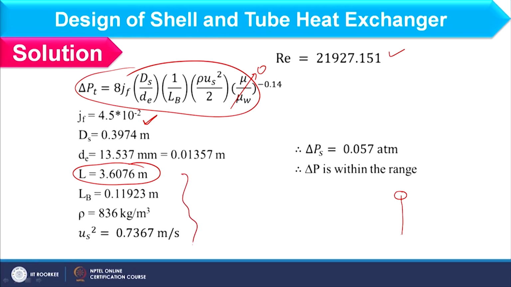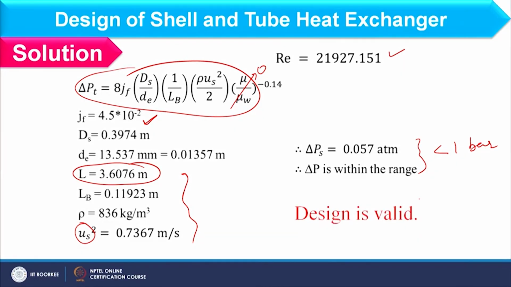So considering all these values you can calculate the pressure drop, and here it is US, not US square, and pressure drop you can obtain as 0.57 atmosphere, or you can convert that into bar, and that will be less than 1 bar. So in both sides pressure drop is within the limit.